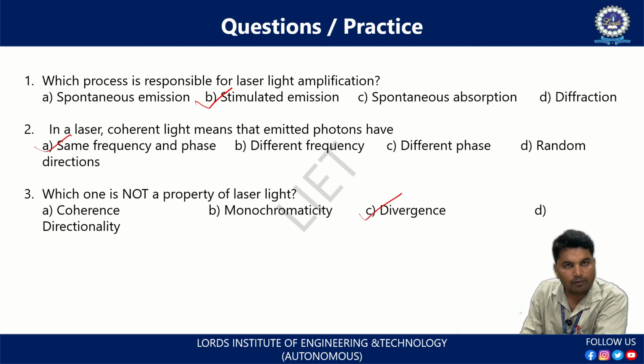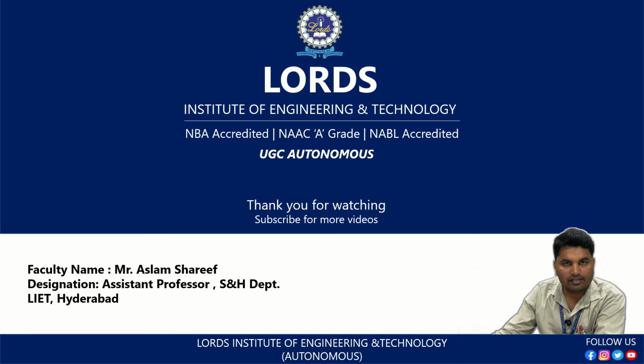Divergence is not a property of laser light, whereas coherence, monochromaticity, and directionality are three of the four characteristics or properties of lasers. In the next series, we will be discussing Einstein A and B coefficients.